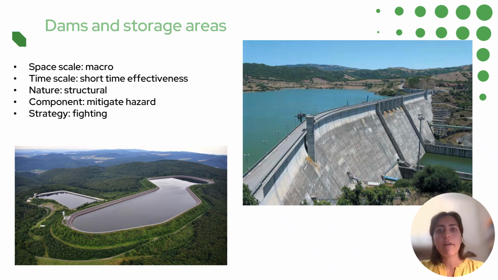They are highly effective in the short term, although their effectiveness is limited by the available storage capacity. The strategy is fighting, meaning that we try to directly counteract the hazard. Of course, dams also come with environmental and social impacts, which always need to be considered.